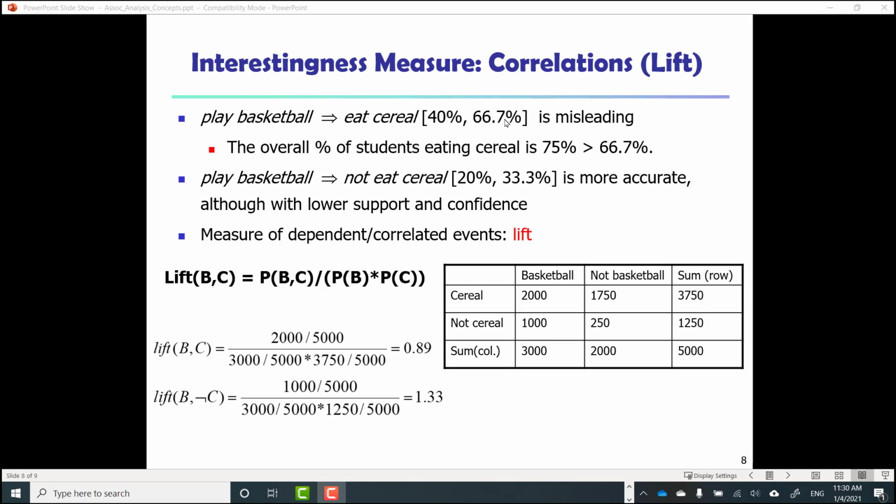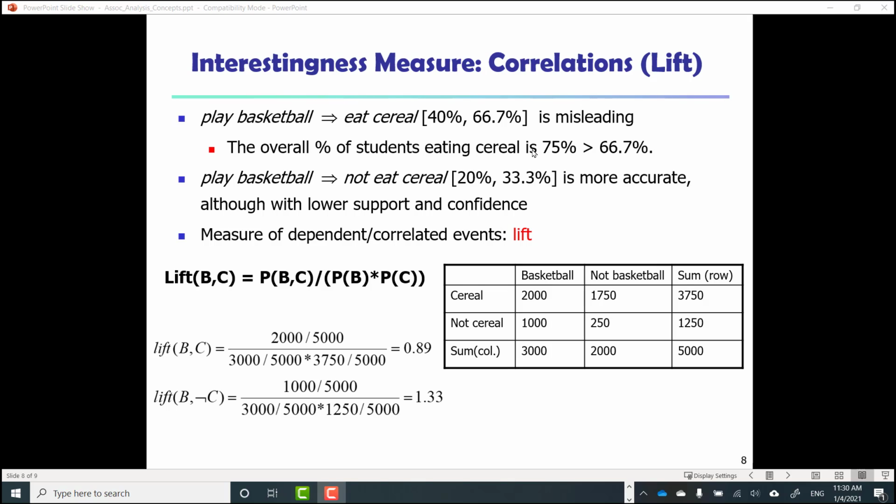So let's look at the total population. If you look at the total population, 3,750 transactions out of 5,000, people buy or eat cereal. So 3,750 divided by 5,000 is 75%. So there's a problem here.